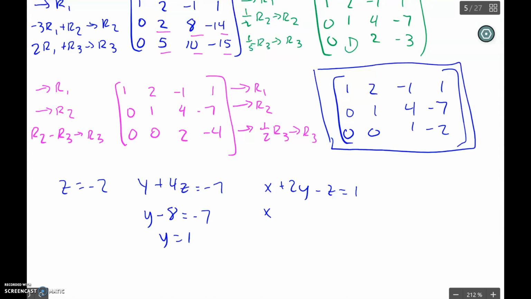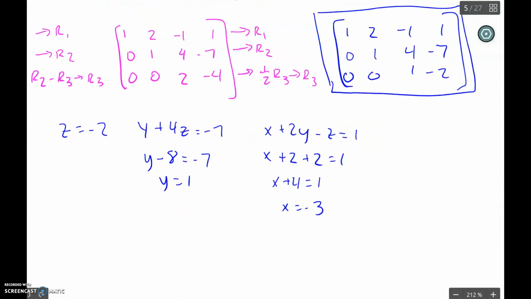And then x plus 2 equals 1. x plus 4 equals 1. x equals -3. So the solution to our system is -3, 1, -2.